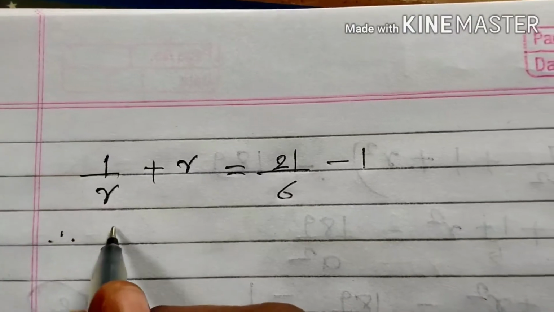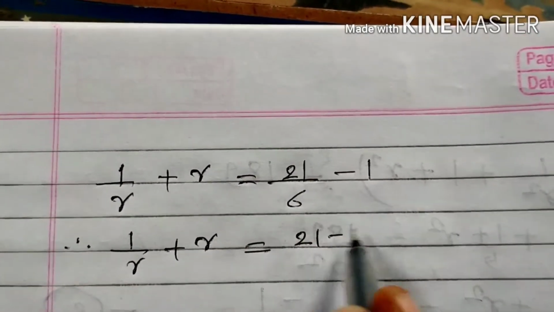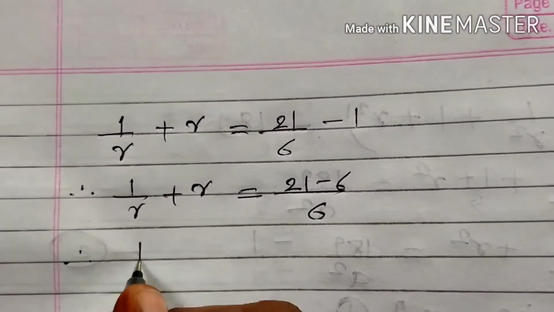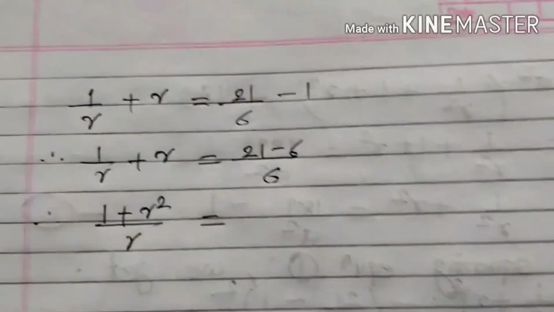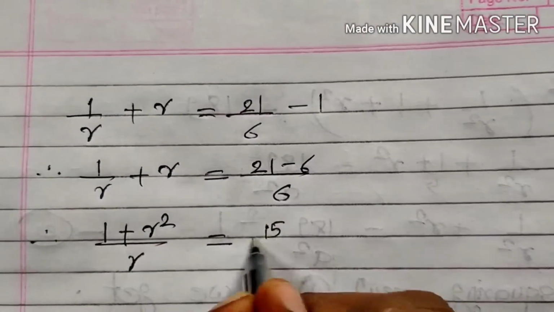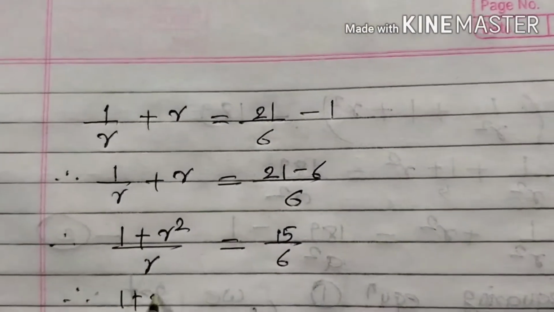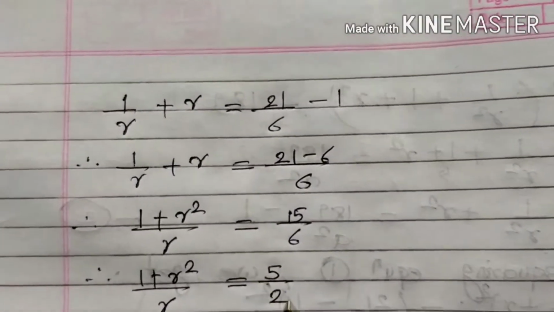So therefore 1 upon r plus r is 21 minus 6 upon 6. Also you can calculate 1 plus r square upon r. So it is 15 upon 6. Therefore 1 plus r square upon r is equal to 5 upon 2.